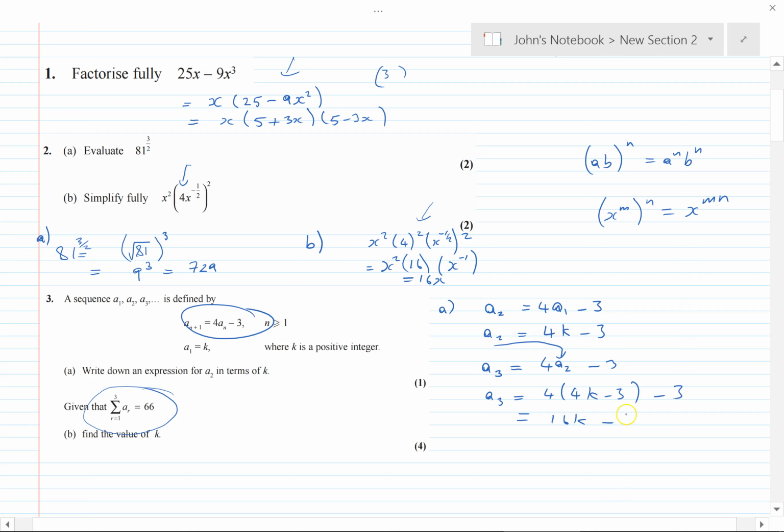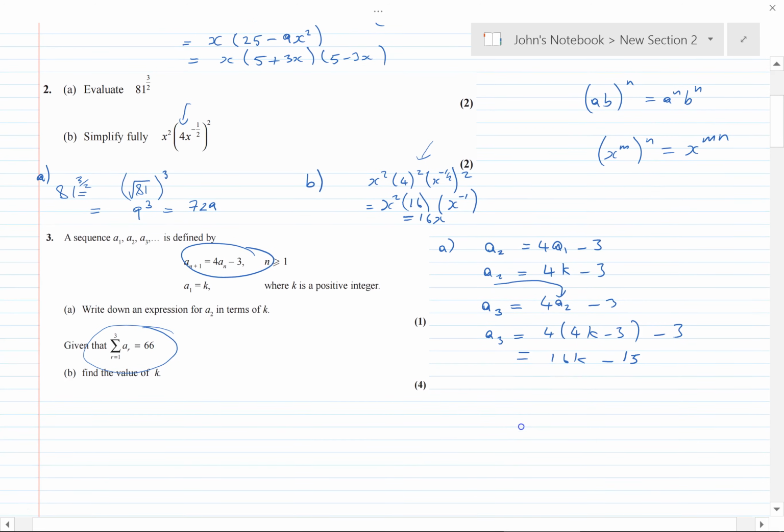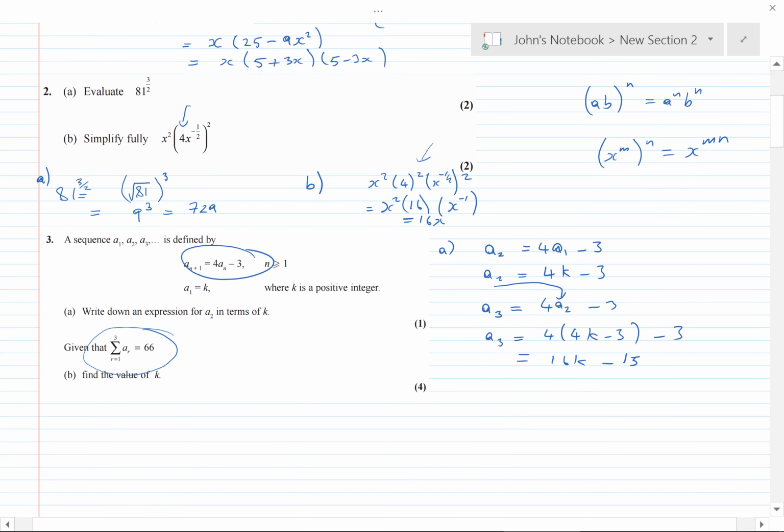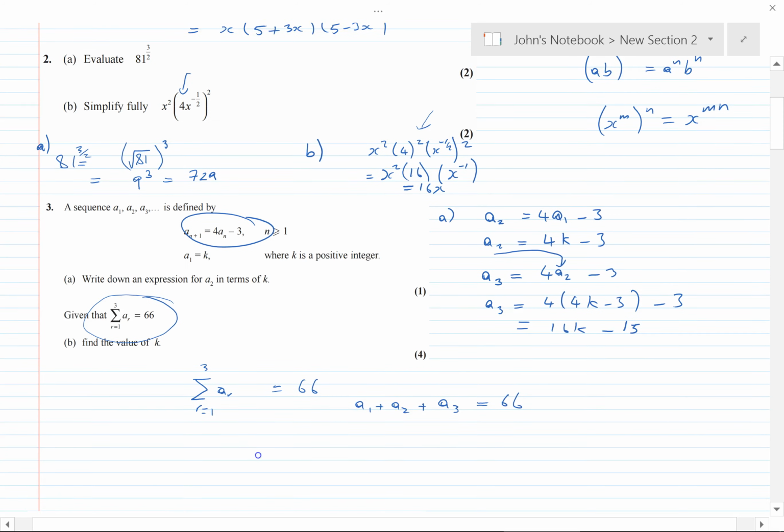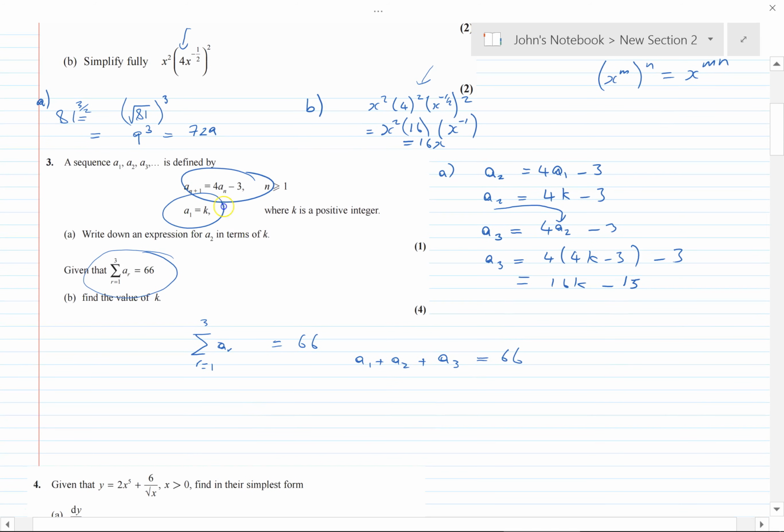So that's minus 12 minus 3, which is minus 15. Okay, so that's A3. So now we're told that the sum from r equals 1 to 3 of A r is equal to 66, which basically is the same as saying A1 plus A2 plus A3 equals 66.